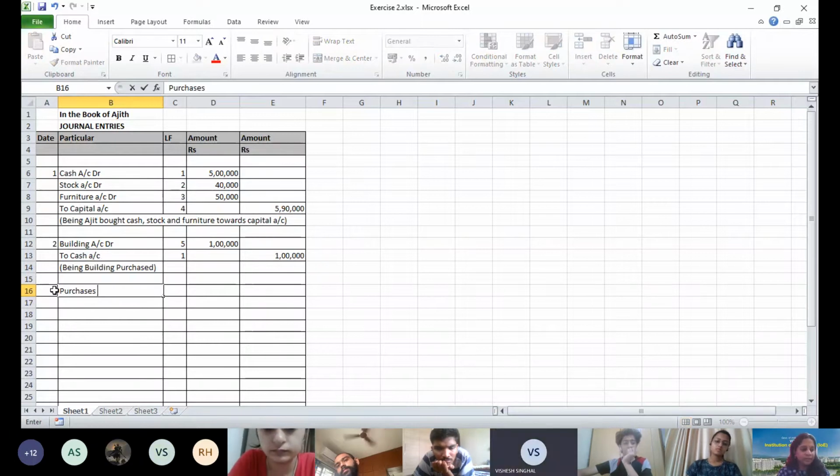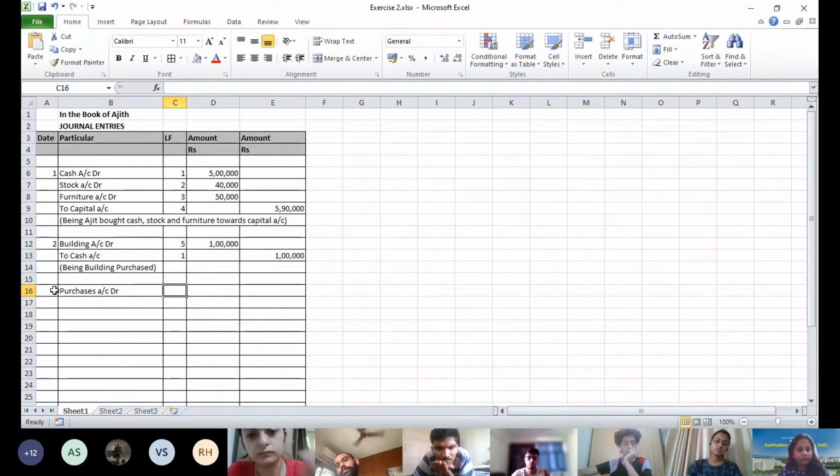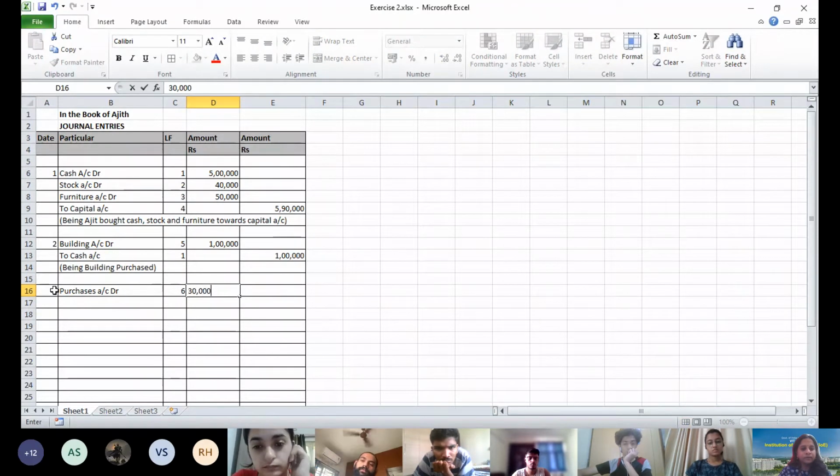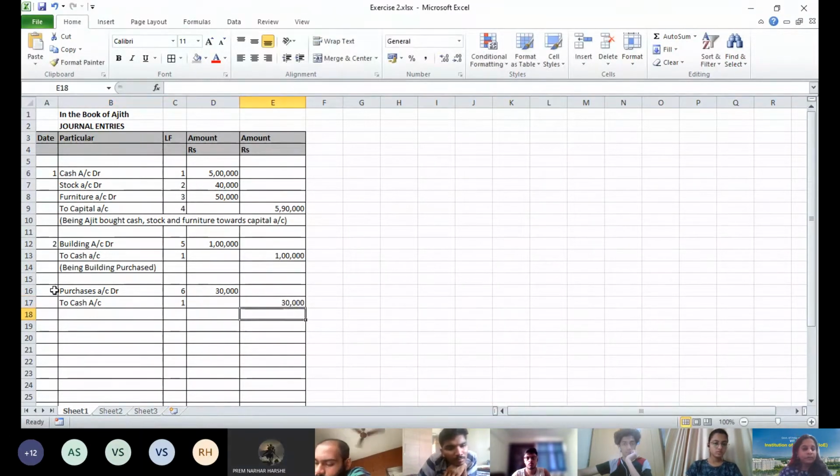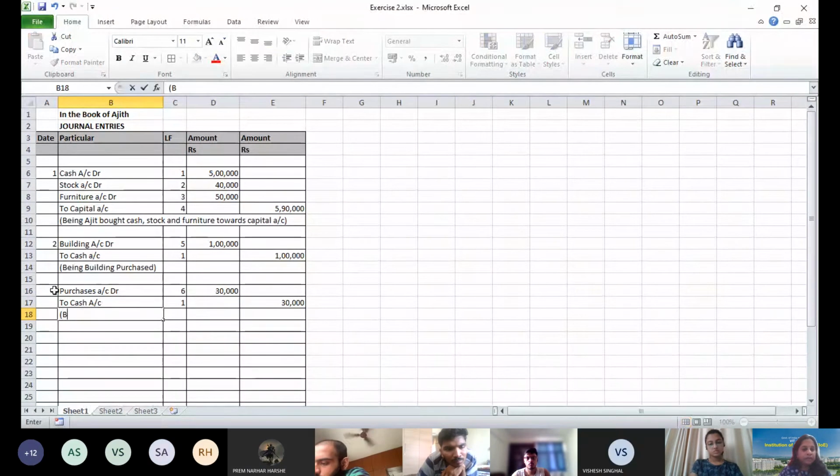Purchase account debit. 6. How much? 30,000. To cash account 1, 30,000. Being goods purchased in cash. Guys, I'm finishing completely all the things.